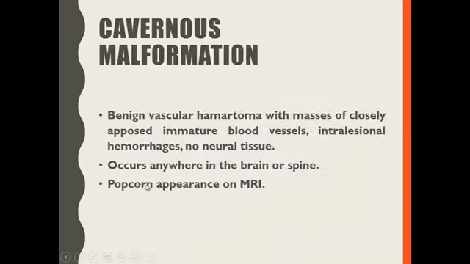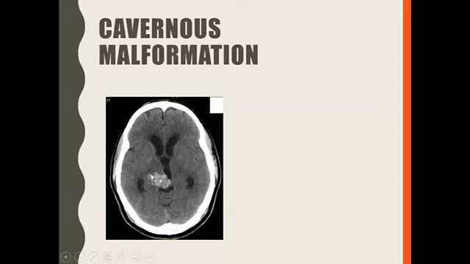It appears on CT as a well-defined, well-localized hyperdense lesion, which is stationary over years, and you can find some foci of calcification. And on MRI, it appears, as I said, as a popcorn, with multiple intensities inside, and with a characteristic peripheral rim-like hemosiderin ring.